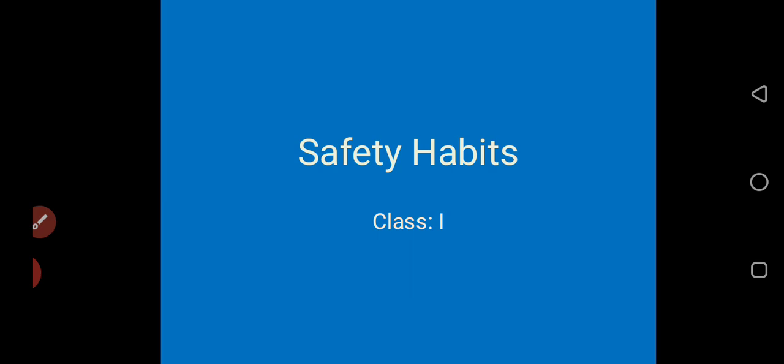Now, what are habits? Habits are our practices, a settled or regular tendency or practice. What we do regularly, that is our habits. So, to include safety and habits together, it becomes safety habits.